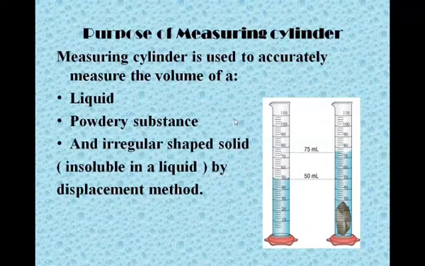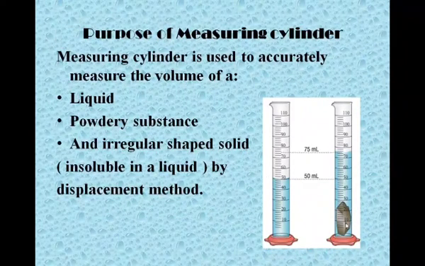Purpose of the measuring cylinder. What is the purpose of the measuring cylinder? The measuring cylinder is used to accurately measure the volume of a liquid. We use the measuring cylinder to measure the volume of a liquid, or the volume of a powdery substance, or the volume of an irregular shaped solid which is insoluble in liquid.